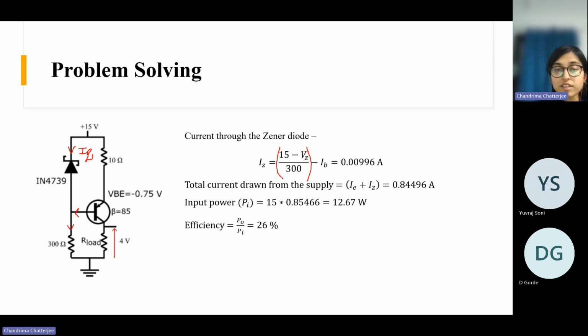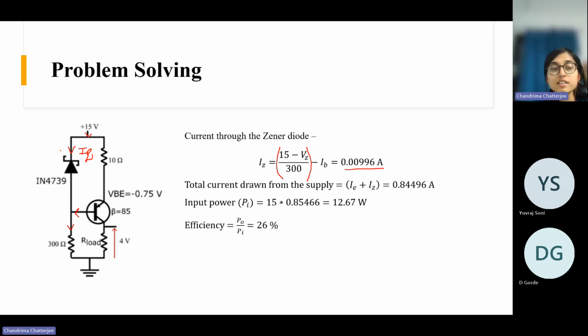There is a 9.1 volt drop across the Zener, so the current through this resistor is 15 minus 9.1, the Zener voltage, divided by 300, and minus IB. We have to subtract this base current. This comes out to be 0.00996 ampere.